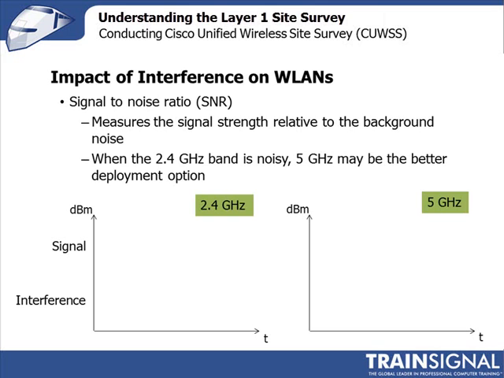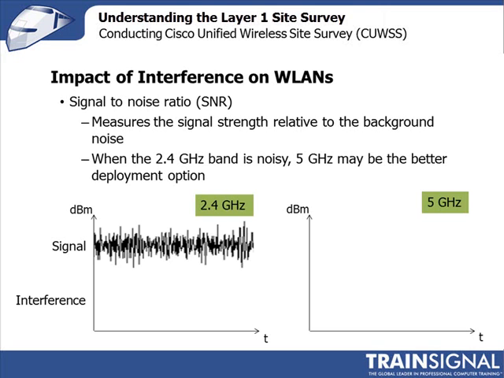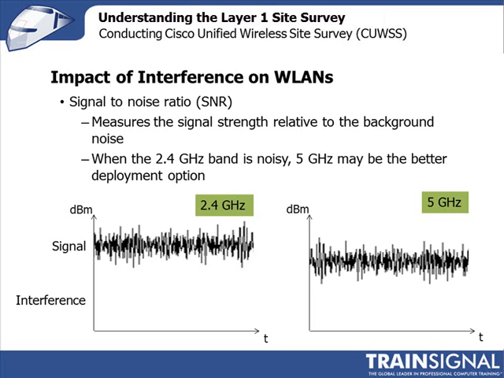So if we imagine a signal from my access point here in the 2.4 gigahertz band, you can see the received signal strength is fluctuating up and down because my RF environment is continually changing. If we compare that with the 5 gigahertz band, we know in the 5 gigahertz band that my signal attenuates more, and so my received signal strength will be less.